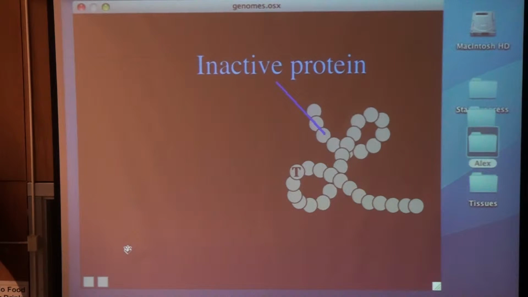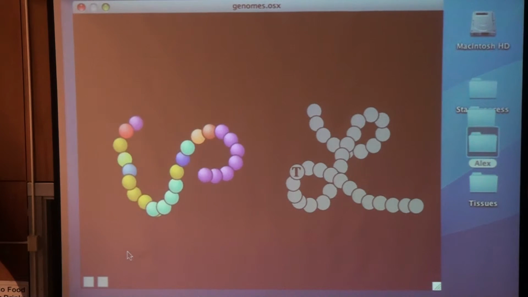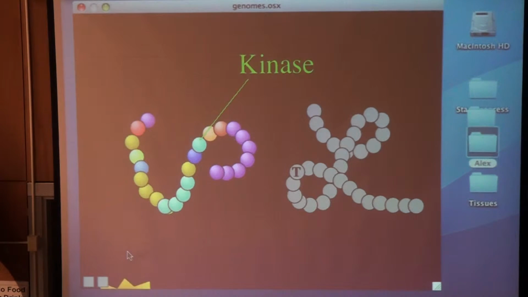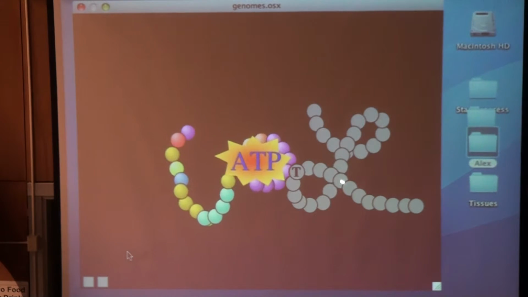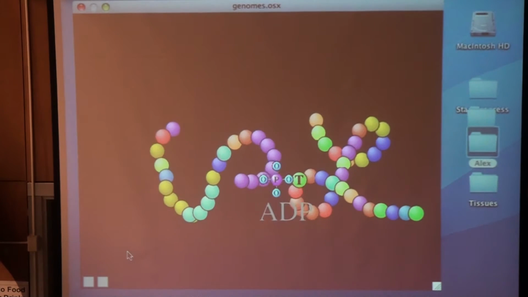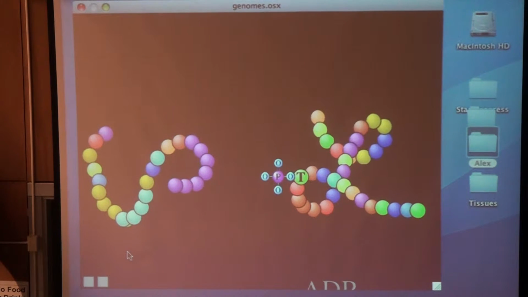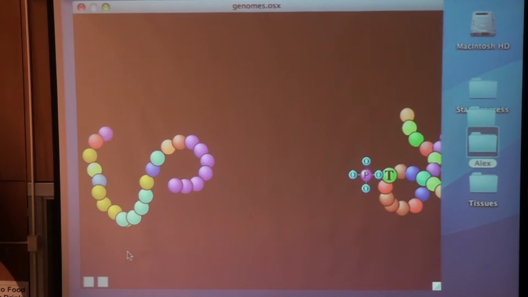Who remembers the name of the enzymes that add phosphates to amino acids? Begins with a K. Tyrosine kinases. And so it's the activity of the kinase enzymes inside the cell that can serve to regulate the activity of other proteins inside the cell.